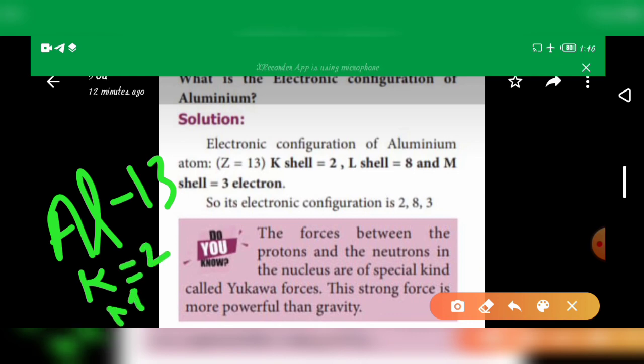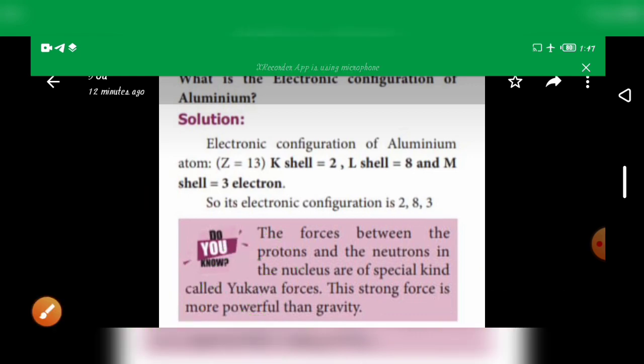Next the L cell contains 8 electrons. Totally 10 electrons completed. Next M is equal to the remaining 3 electrons. So the outermost cell contains 3 electrons. So its electronic configuration is 2, 8, 3.